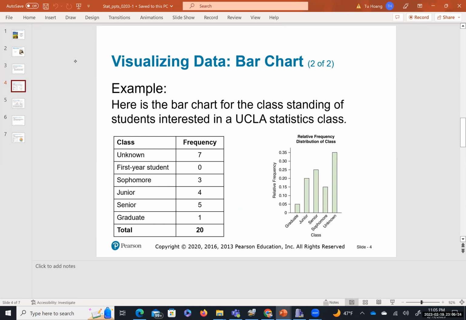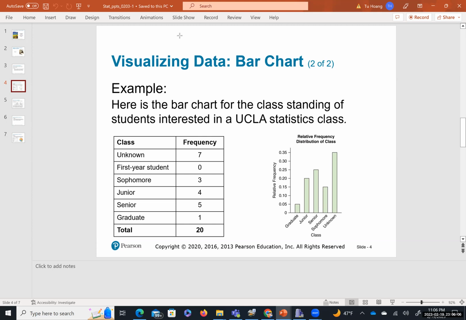But anyway, like I told you, if we have class as the categories, for student interest in UCLA, we have unknown, first year, sophomore, junior, senior, graduate. So the frequency is in the right hand side column and the total is going to be 20 students, right? And you see that we have a graph on the right hand side here.